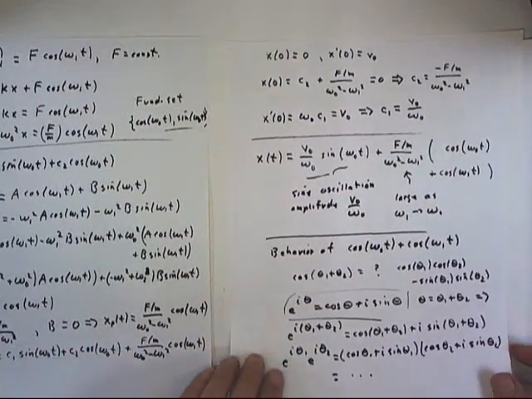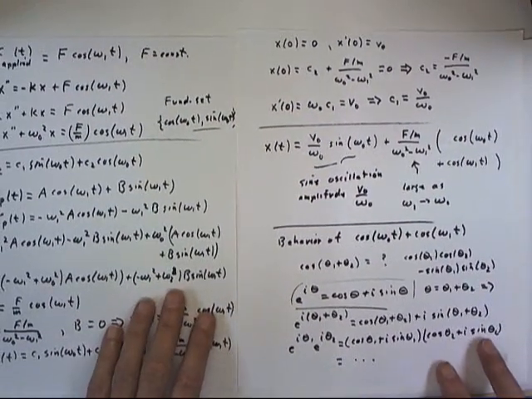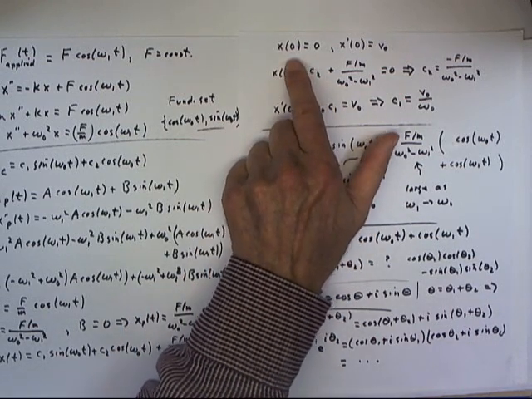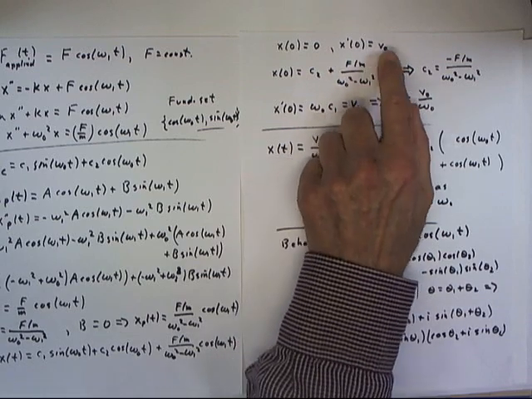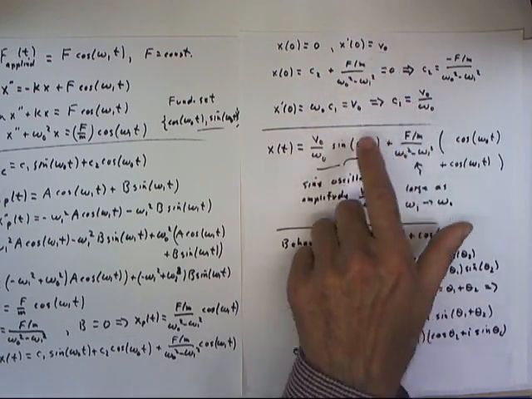Then we looked at the way the solution is going to behave if the oscillator is initially at its equilibrium position, moving with the velocity v0.